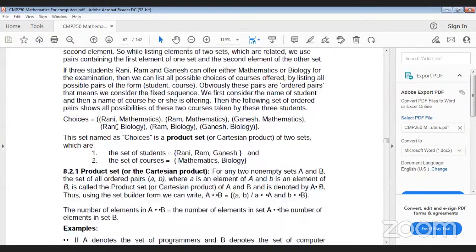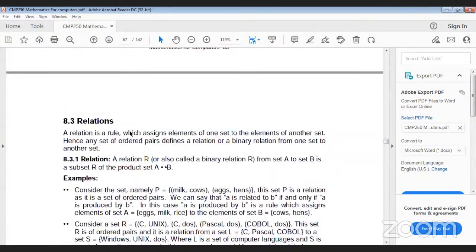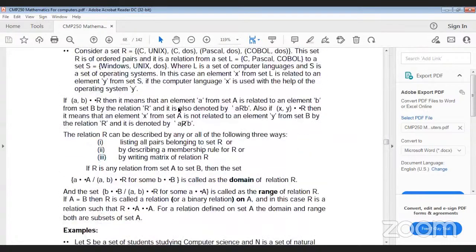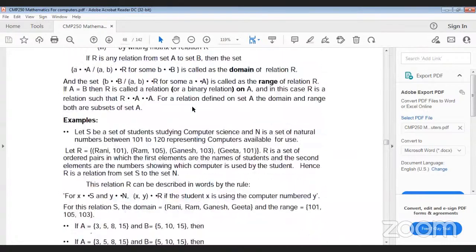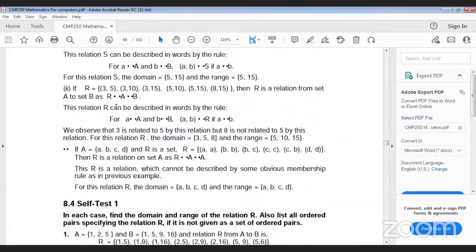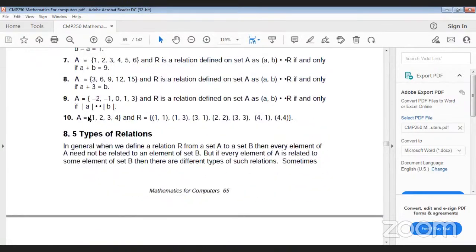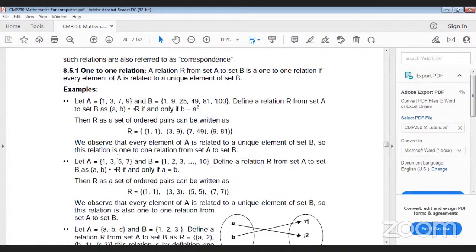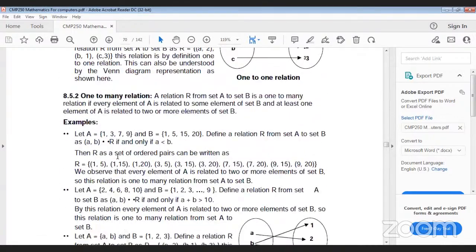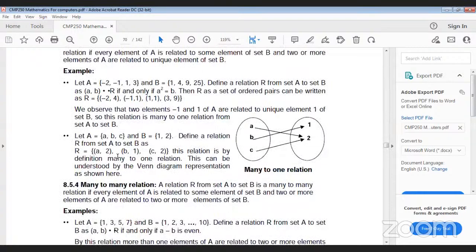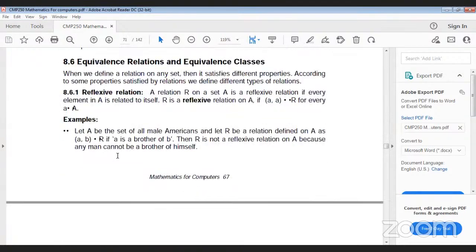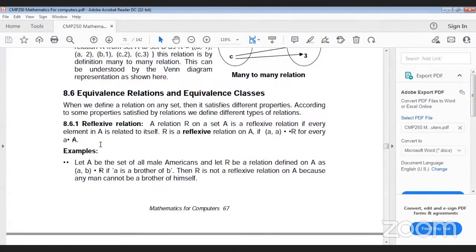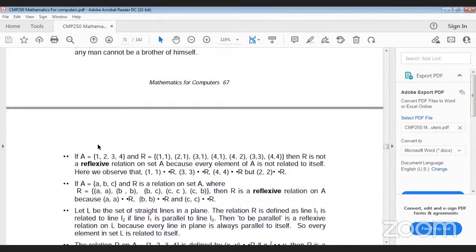We explained Cartesian product and then relation. Types of relation was also done. Reflexive relation is also done.